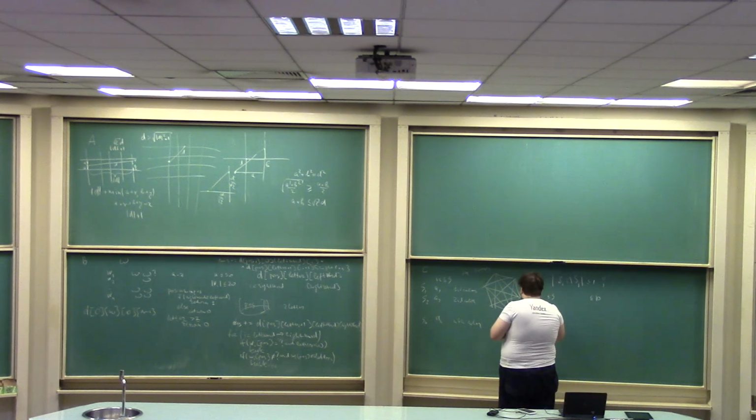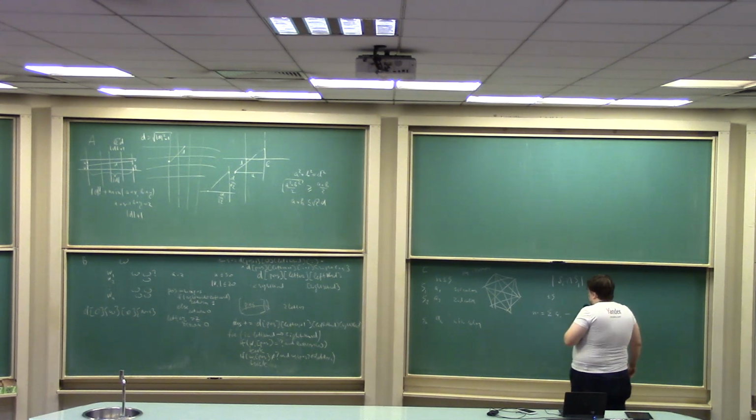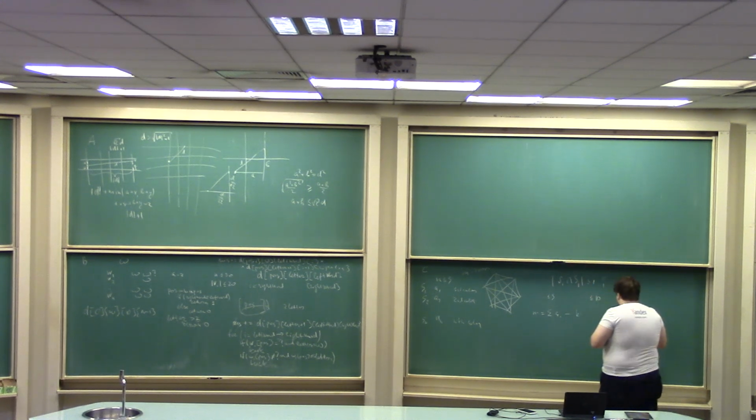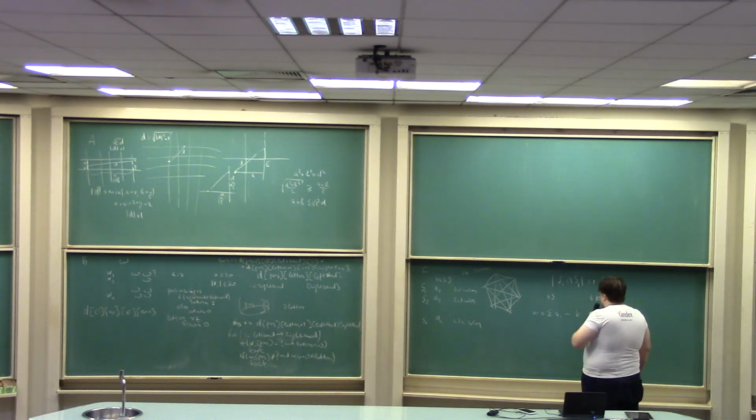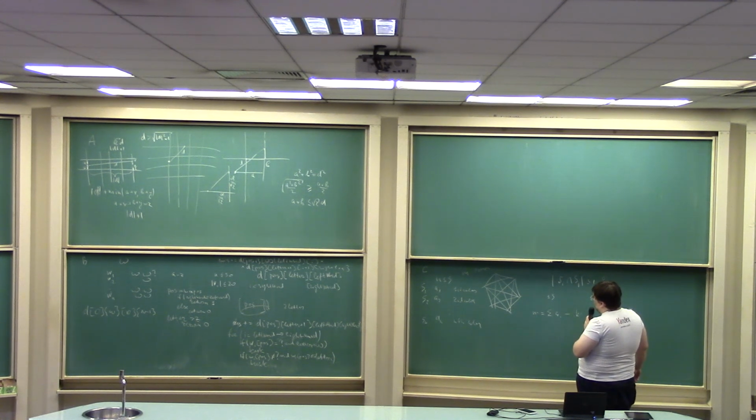M is the sum of A_i minus some number k. Well, suppose there is a total of t vertices that lie in more than one set.